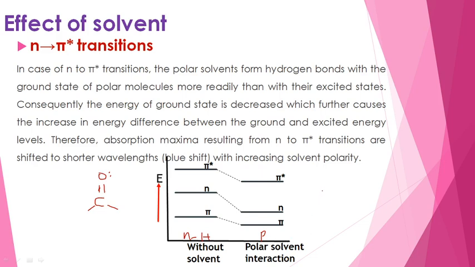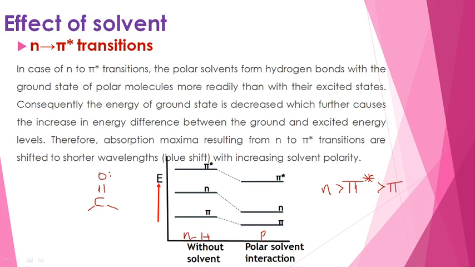Here I am giving the order also. The effect of polar solvent towards n is greater, then next pi star, and next follows the pi orbital.